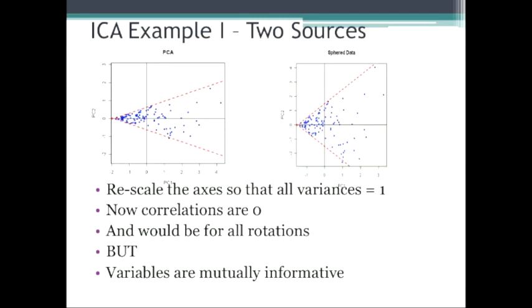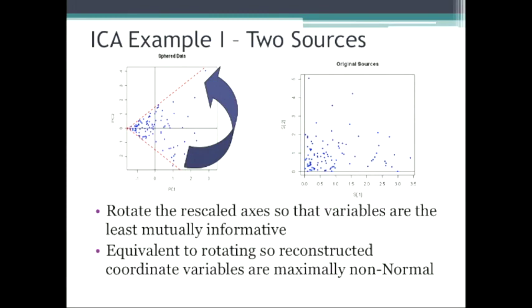And I can see a lot of you scratching your heads, wondering how this is possible, because I was told that if things are dependent, they're correlated. Well, that's true for Gaussian or normal random variables, but not true for highly skewed or other kinds of variables we used to call pathological, but which are actually fairly typical, I should say, not normal. All right, so what ICA does is it says, let's try rotating this around until we get to the point where these variables have the least information about each other.